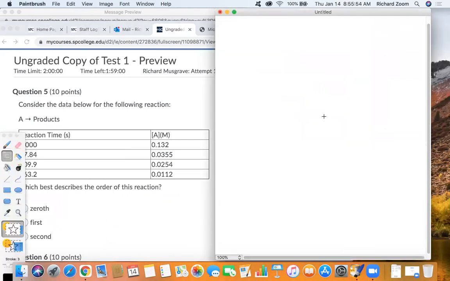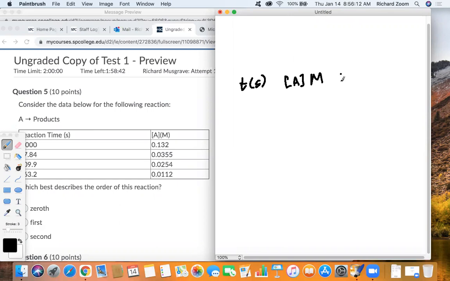So what you would do is you've got your table here that's got time in seconds, and then you've got the A, which is in molar, and then you would do natural log of A and 1 over A. You'd extend that table out.